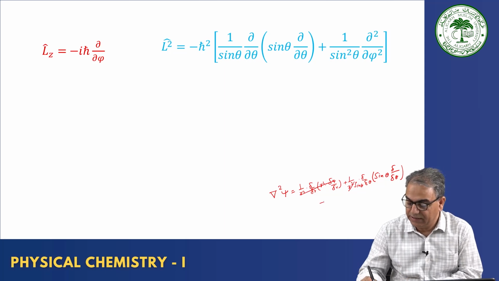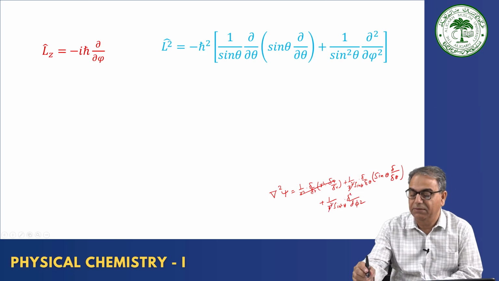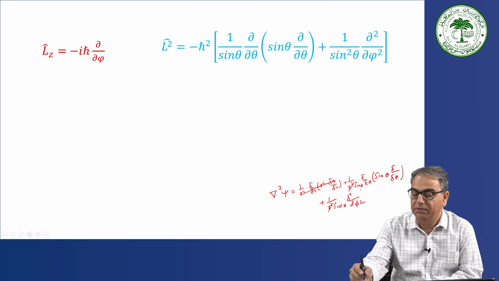Then in the last term which you have is 1 by r square sin square theta del square by del phi square. So omit this r square, and you see rest of the term is same, 1 by sin square theta del square by del phi square.